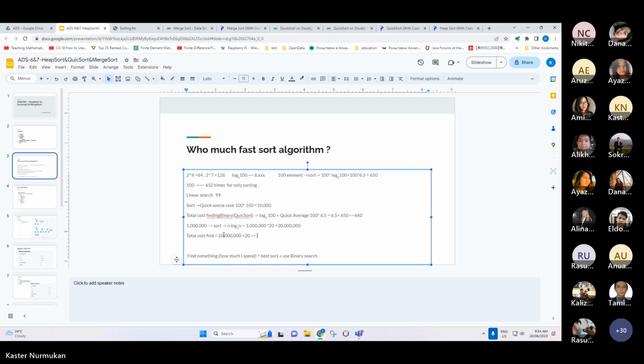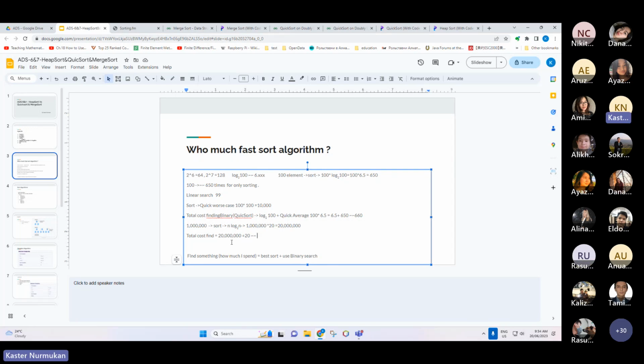But let's say your data set is frequently reused. The first time I sort is very costly, but after I sort it, finding becomes very quick. 1 million elements will be 20 times, and 1 billion elements 30 times.